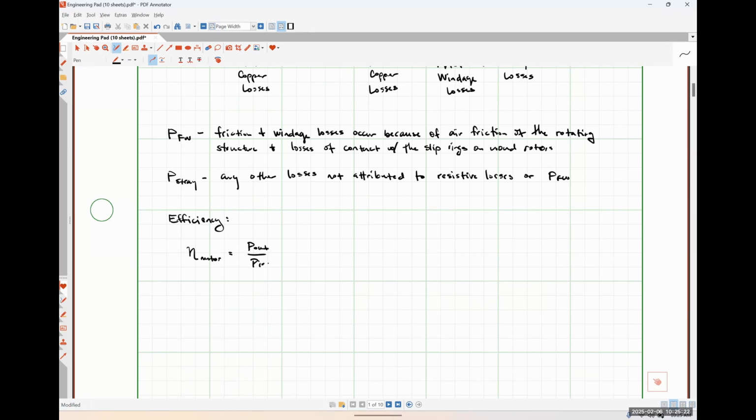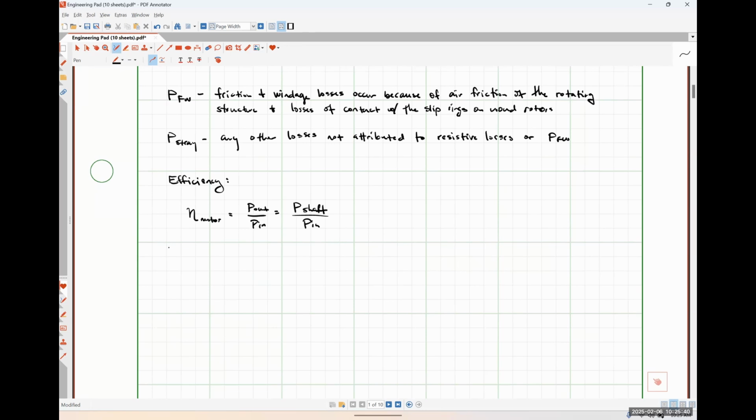So this is effectively the ratio of the power delivered to the shaft divided by the electrical input power that we have in our system.